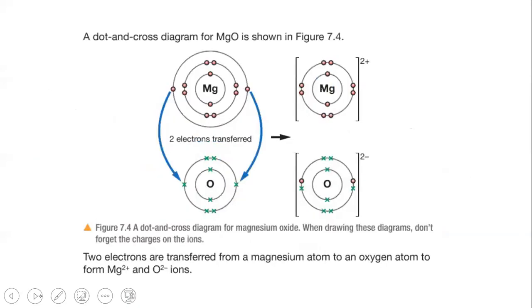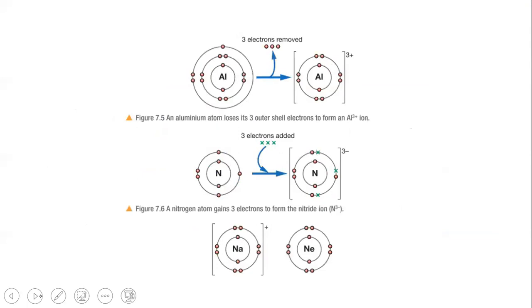Let's take a look at some other examples. For example, this is your aluminium, right? If aluminium is making a bond, aluminium will lose 3 electrons because aluminium has 3 electrons in the outer shell. You talk about your nitrogen. Nitrogen has 5 electrons in the outer shell, so it needs 3 more to become stable.